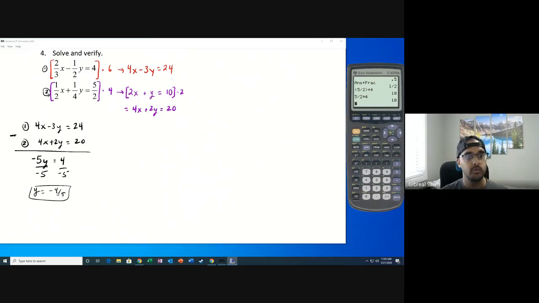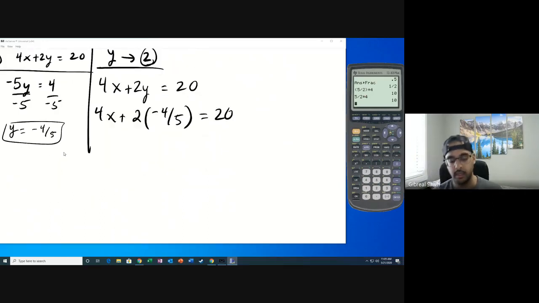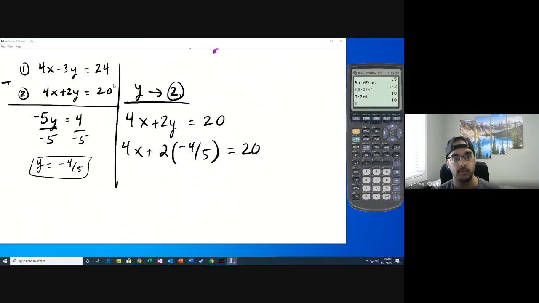I say that now hoping there's no mistakes, but I'm pretty sure we're good. So I'm going to choose to plug this into the second one. I'm going to take y, plug it into number 2. And again, number 2 was 4x plus 2y equals 20. So 4x plus 2 times negative 4/5 should be equal to 20. So there's where I'm plugging it into, this second equation that we came up with.